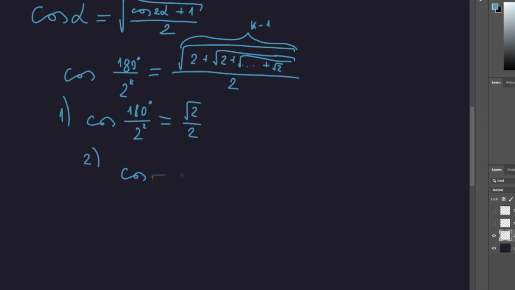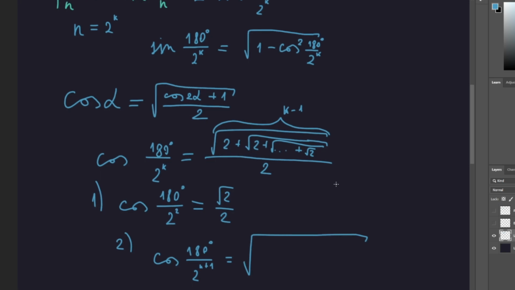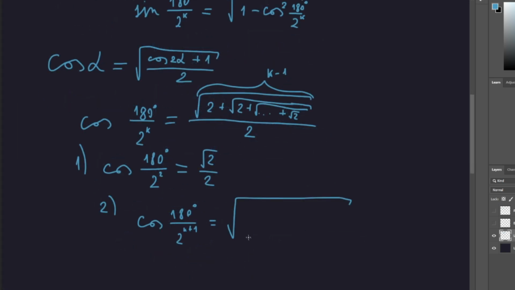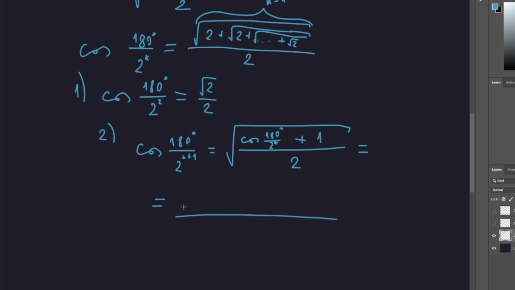So cosine of 180 degrees divided by 2 to the power of k plus 1 is the same as square root of, let's remember this formula, cosine of 180 degrees divided by 2 to the power of k plus 1 divided by 2. Here we are using our assumption and rewrite the whole thing as this gigantic expression, 2 plus... Remember, here there are exactly k minus 1 square roots, plus 1 divided by 2.